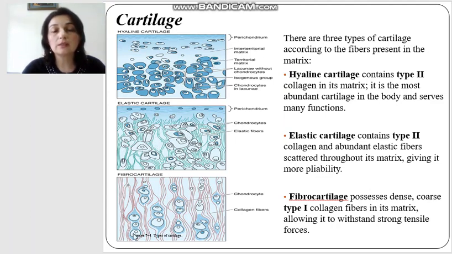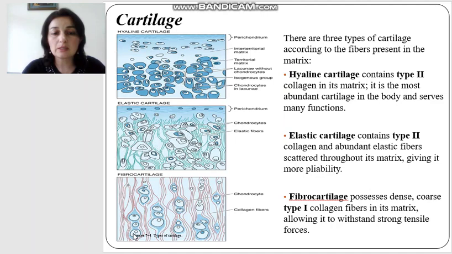Fibrocartilage we can find in intervertebral discs, in the pubic symphysis, in menisci, in those regions where the functioning of the cartilage as a shock absorber is more important. It will carry the weight of the body if we are talking about the intervertebral discs.